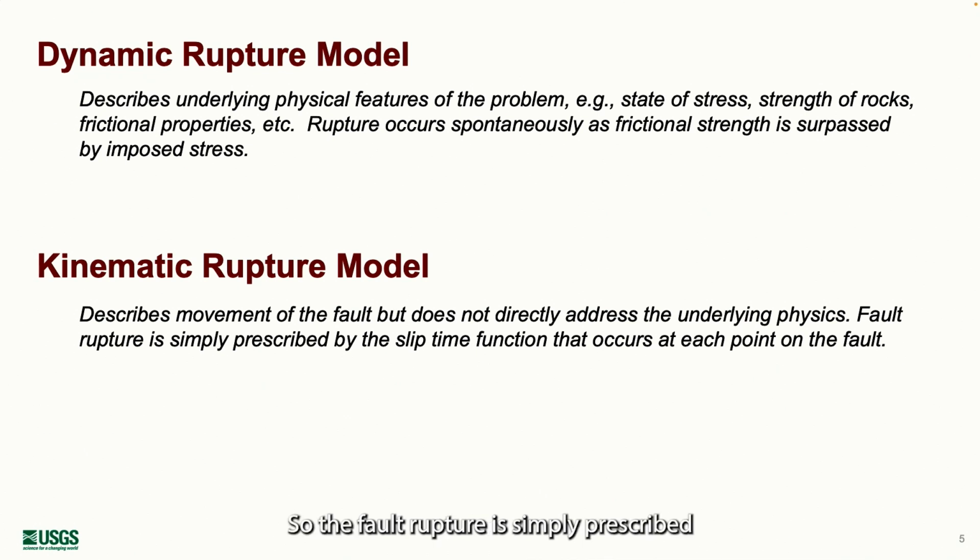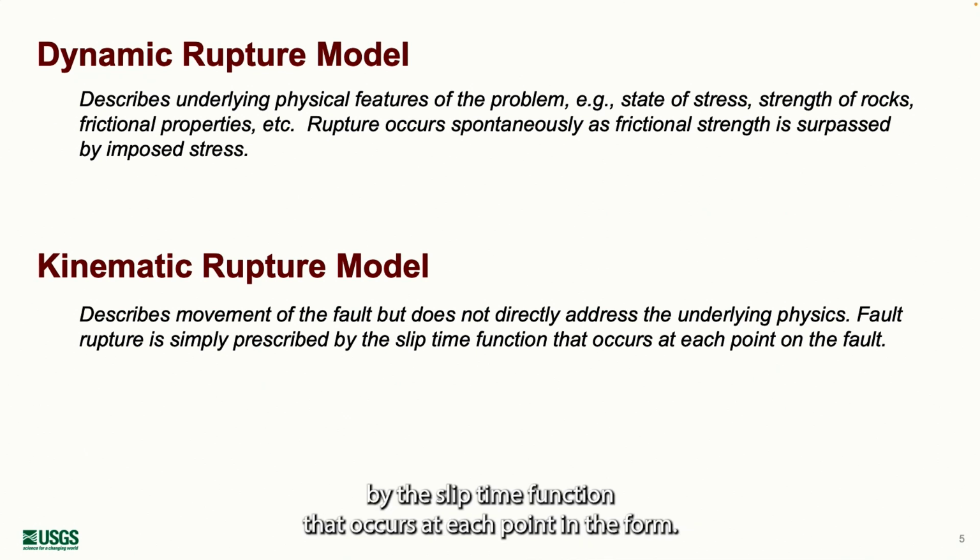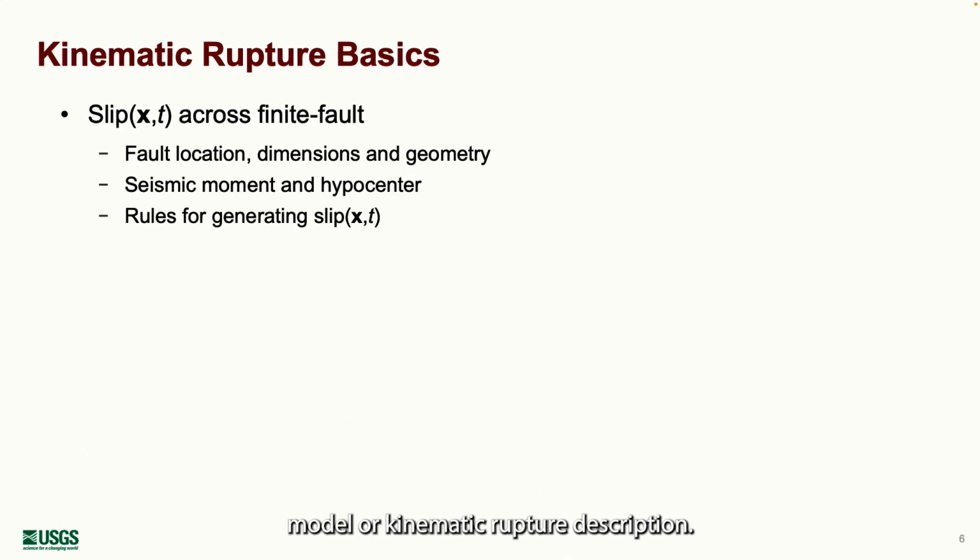So the fault rupture is simply prescribed by the slip time function that occurs at each point on the fault. And so that's what I'll talk about here. And currently, when we do many of these large-scale simulations, we're using this kinematic rupture model or kinematic rupture description.